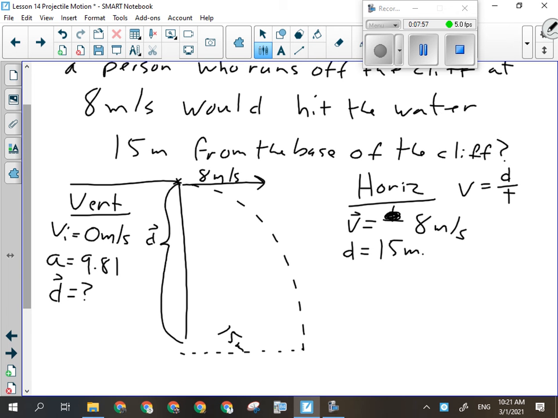So I can use either side to find the time, and then I can use it for the other. That's what I'm going to do. I can find the time using T equals D over V. So 15 over 8.